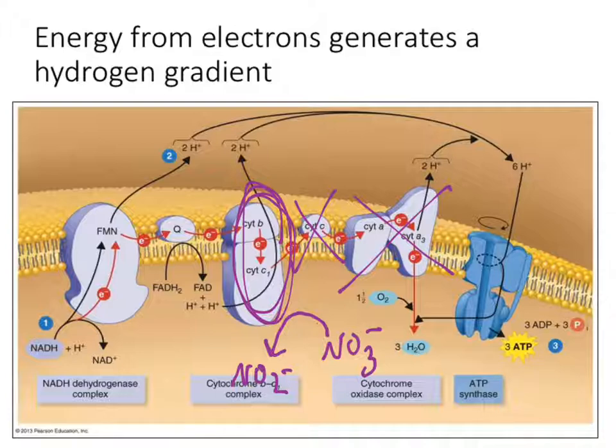But because there aren't as many complexes in this pathway, what that leads to is a lower overall production of hydrogen ions across the membrane and less ATP being produced then by that passive diffusion. Same is true for sulfate reductase, and I don't know what the carbonate one is. I'm going to assume it's carbonate reductase, but okay.